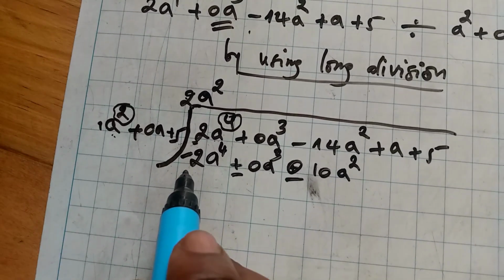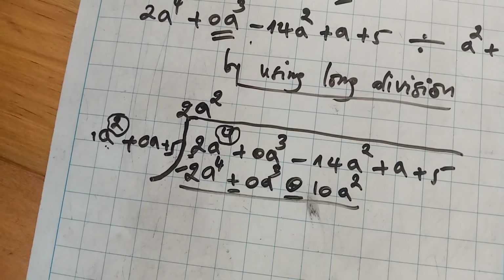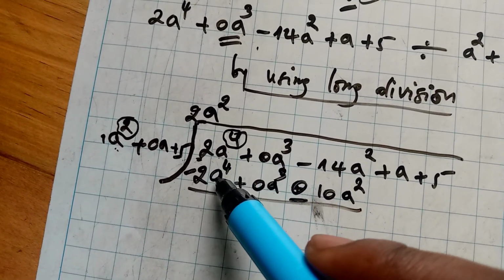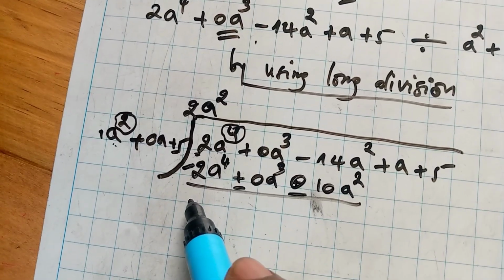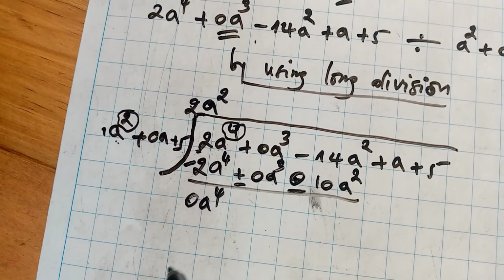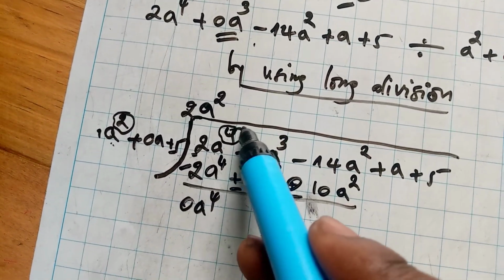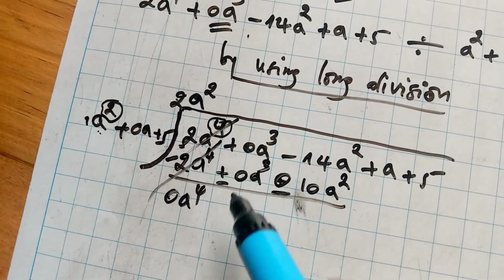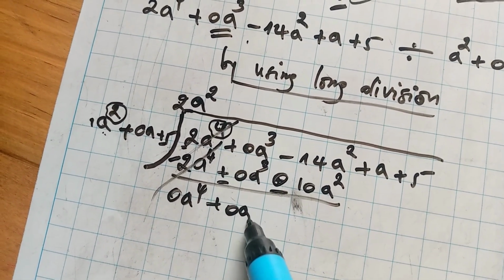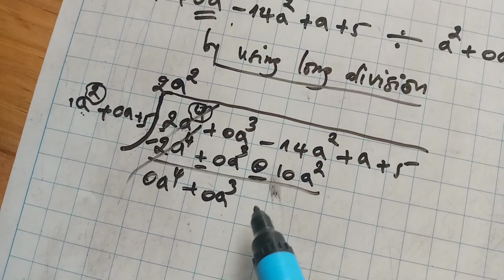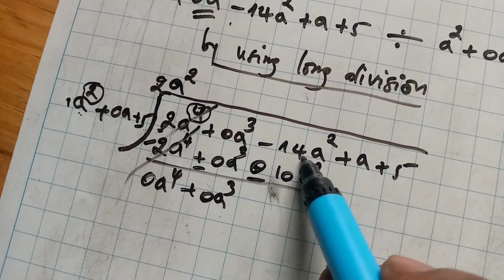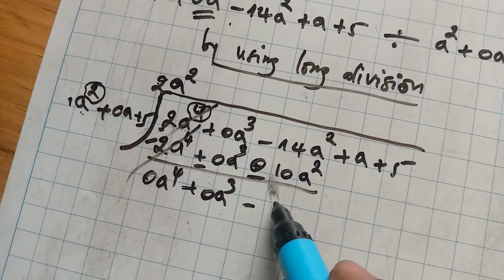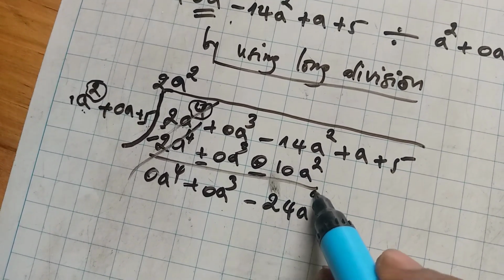Yes. So now we have to add our polynomials starting from this one. 2a^4 minus 2a^4, automatically 0a^4 is remaining. So it is the same as having this one simplified, so we have plus 0a^3. Then we have negative 14a^2 minus 10a^2, which is equal to minus 24a^2.